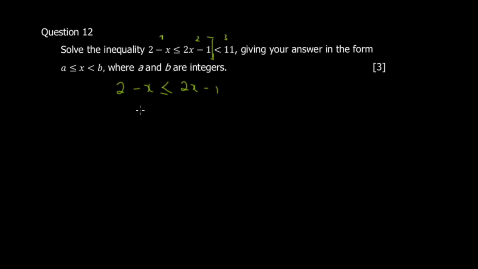Once you're done with this, shift the variables such that you get positives. I would shift this as opposed to shifting that, because if I shift it, I create a negative. It's okay to create a negative, but sometimes if you divide by negatives and don't change the inequality sign, then you get it wrong.